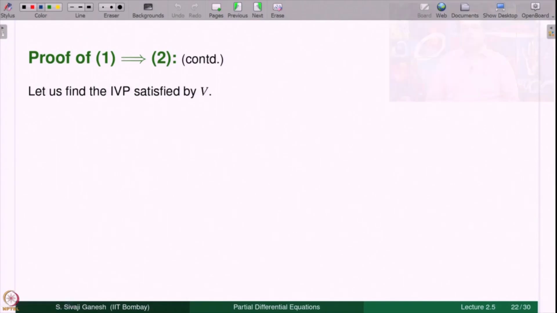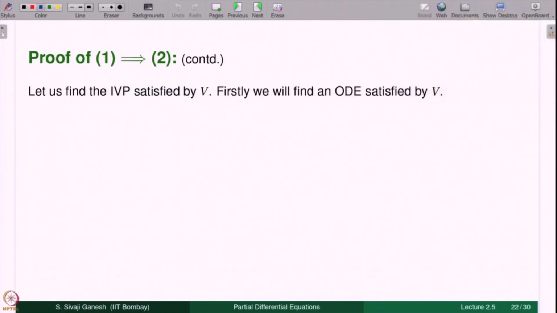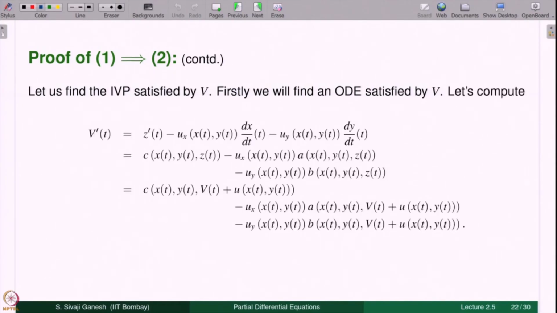So, how do we find that initial value problem? We want v to be a solution to that. Therefore, we start differentiating v and get that first order ODE. So, we will find an ODE satisfied by v simply by computing v dash. I am not going into these details, you just have to use the chain rule. It is z(t) minus u(x(t), y(t)). So, the z(t) derivative is z dash t, this is u_x and x dash, u_y and y dash.